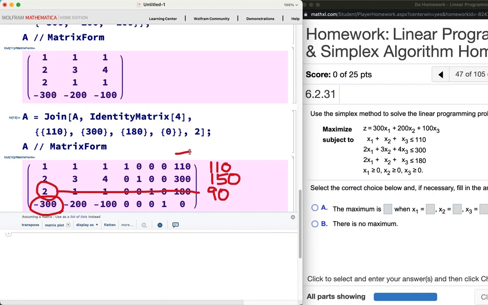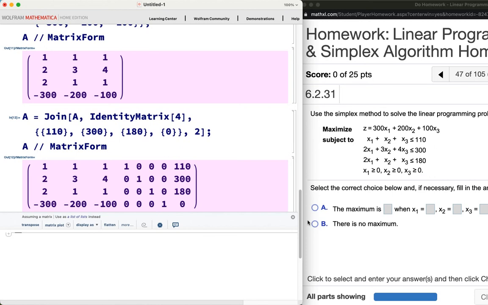You're going to end up with negative numbers all the way in the rightmost column of your matrix, and that's really bad. That's really bad because all of your variables are supposed to be greater than or equal to 0, right? You can have 0, but you can't have negative values in the rightmost column of your matrix.